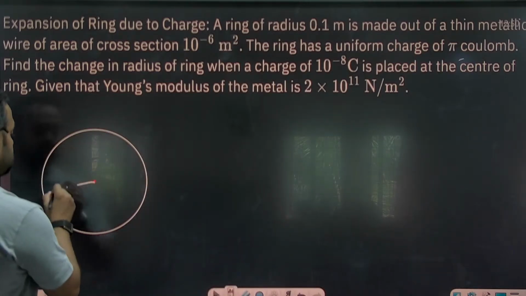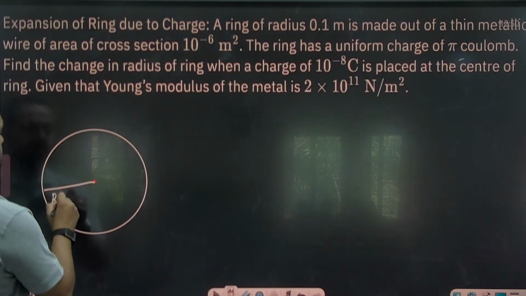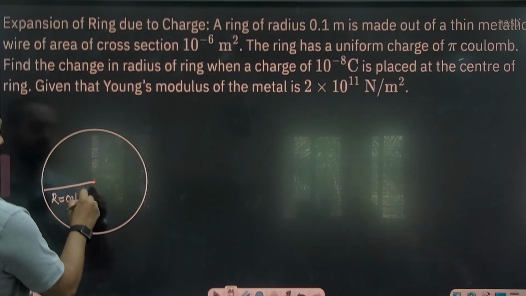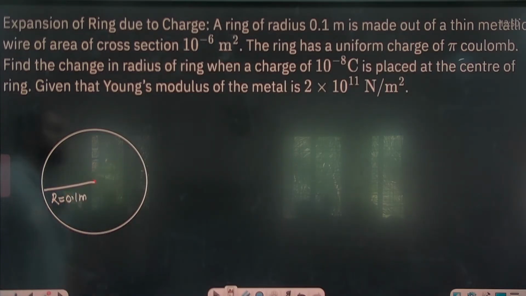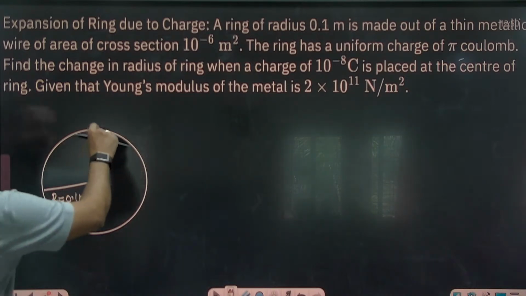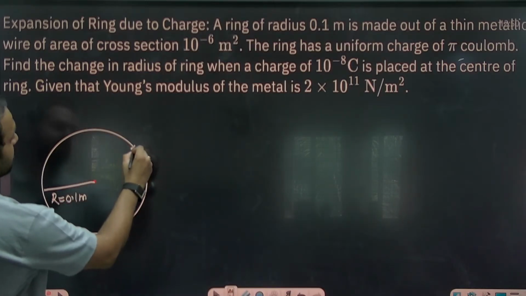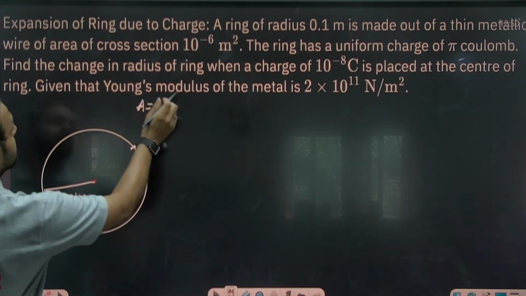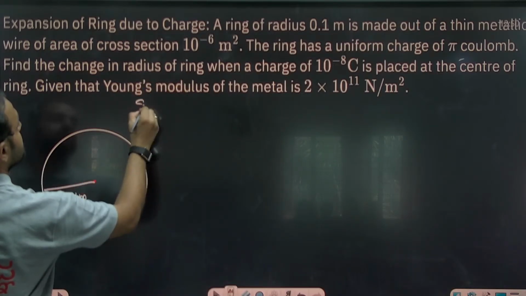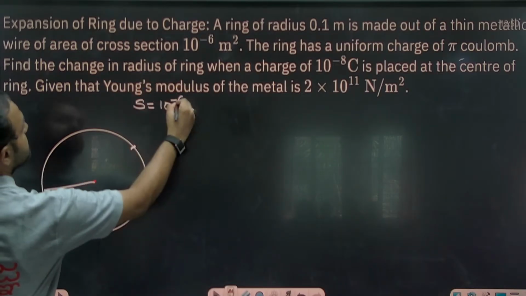Radius of this ring r is equal to 0.1 meters. The ring is made of thin metallic wire whose area of cross section, okay, this is a thin metallic wire whose area of cross section is equal to 10 power minus 6.